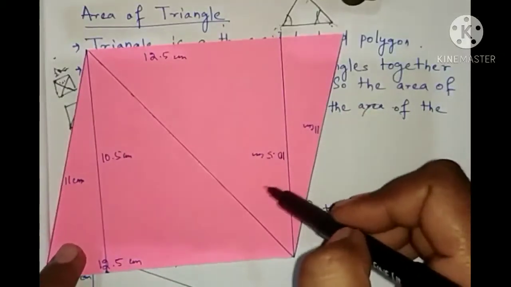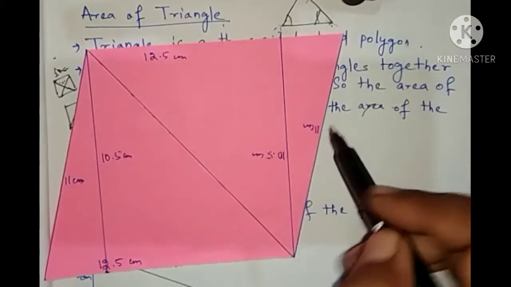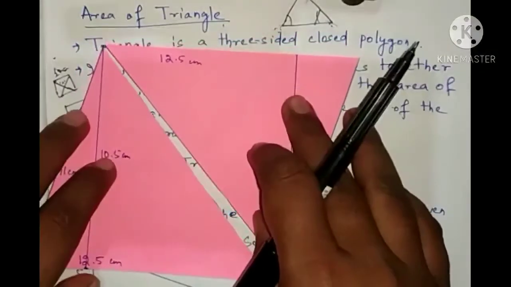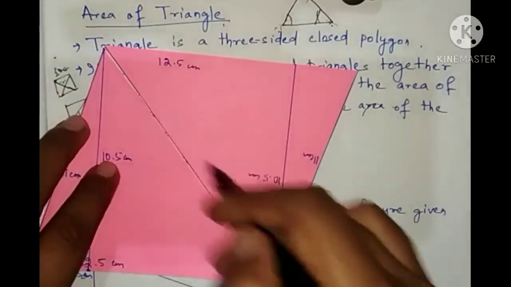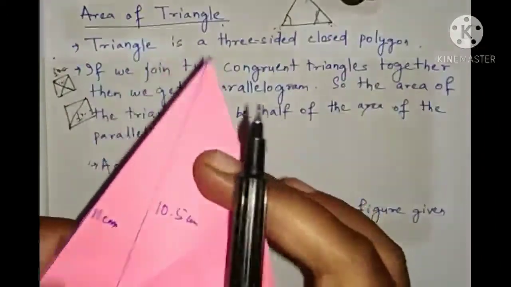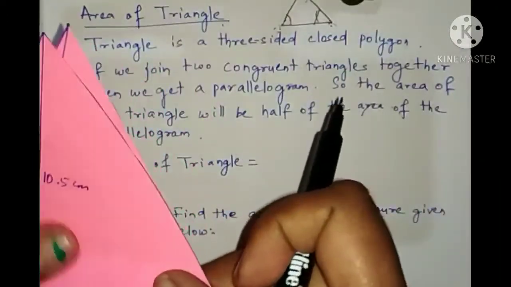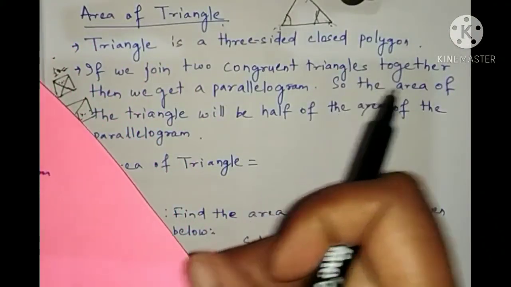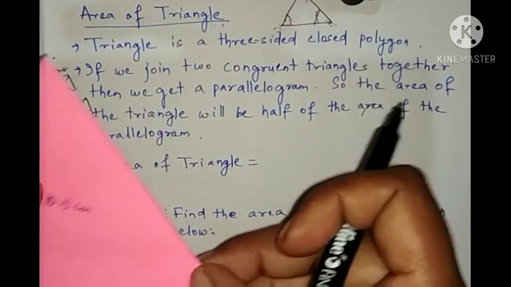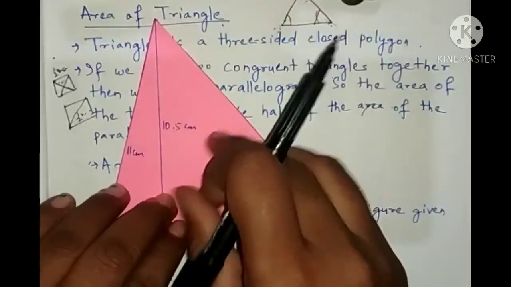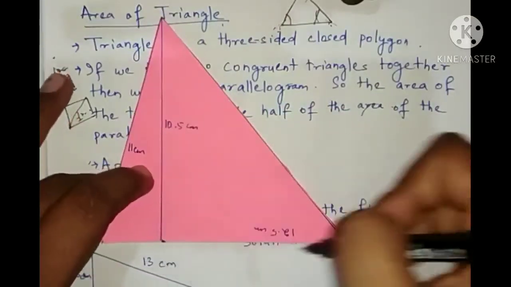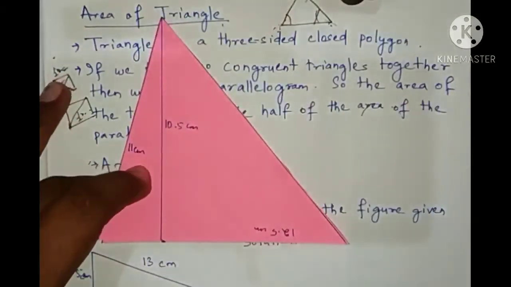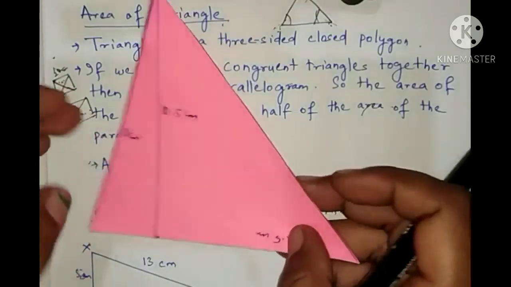Then height is 10.5 centimeter. When I cut diagonally, I got two equal, means two congruent triangles. Congruent triangles means they have same sides, same vertices and same angles.